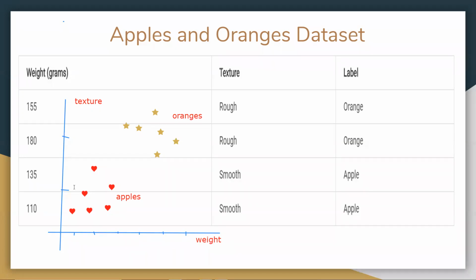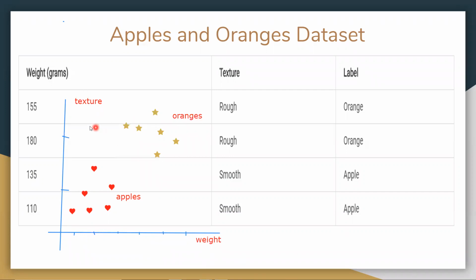Okay, ideally they should come in one line, because for smooth and rough you have only one value, so they should come in one line here. They should come in one line like this, but just for simplicity I have taken it like this.